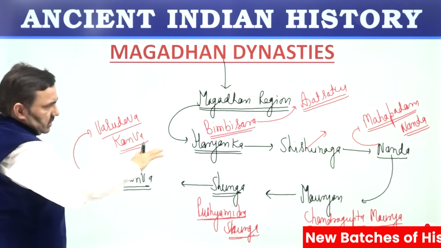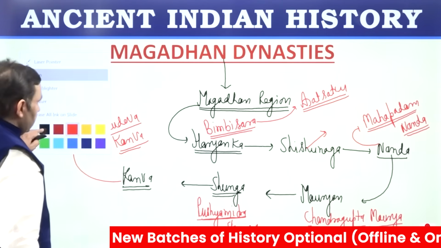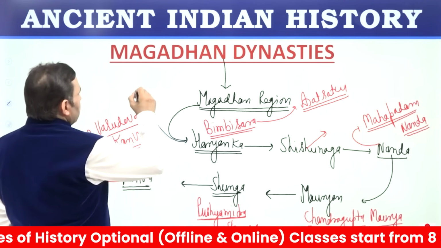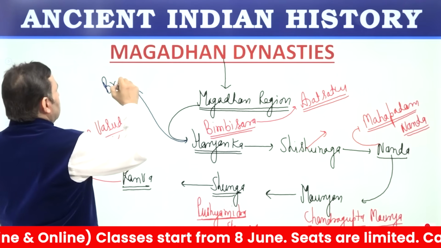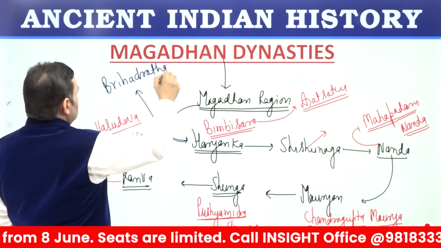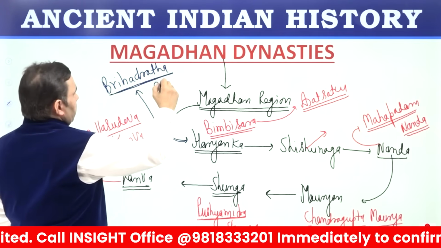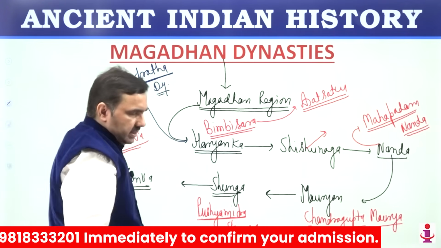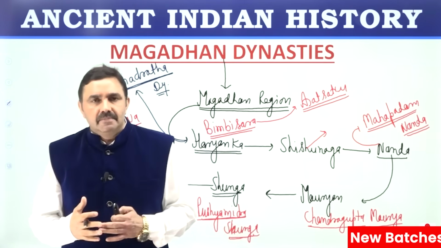So this dynasty's chronology, if you go little more into the history, before Haryankas, before Magadha was Mahajanpada, there was a dynasty called Brihadratha dynasty. This was in later Vedic age. Now don't get confused between two Brihadrathas. Brihadratha was the last Mauryan king that I just said, who was killed by his commander-in-chief Pushyamitra Shunga.